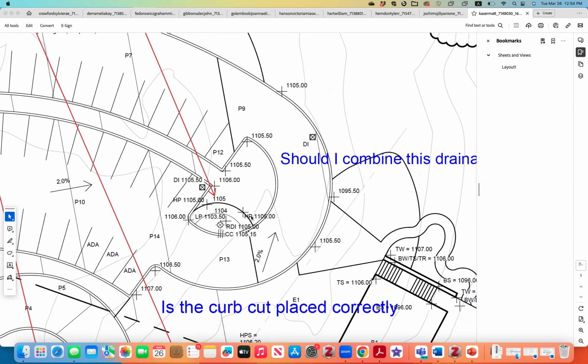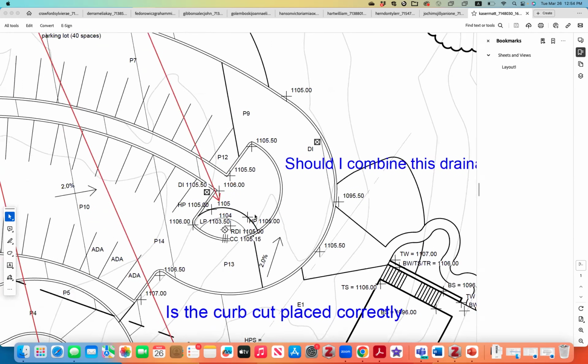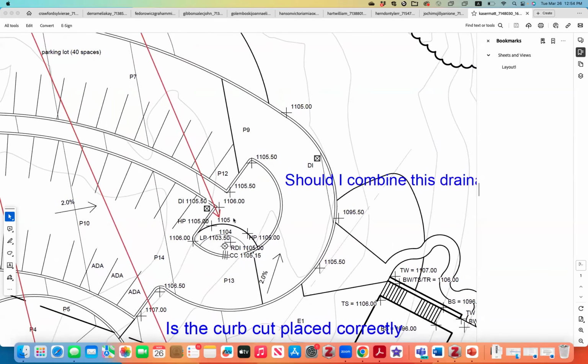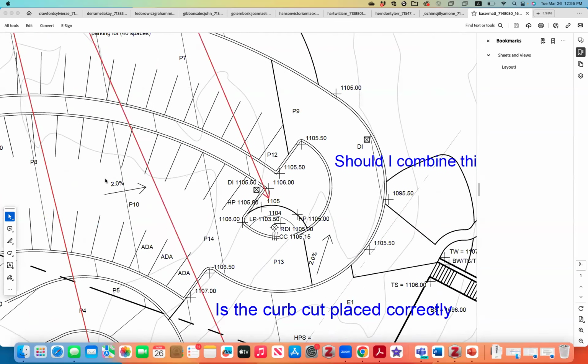Well, the number needs to be 5.5, because this HP is between your 5 and 6 contours. Kind of makes sense? Yeah. Okay, that's it. So those are the two.